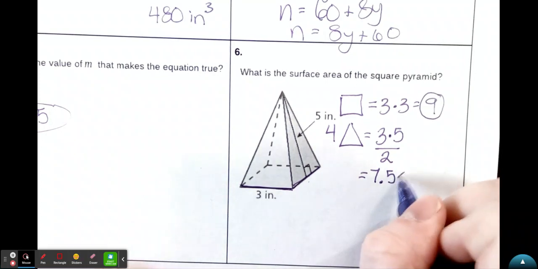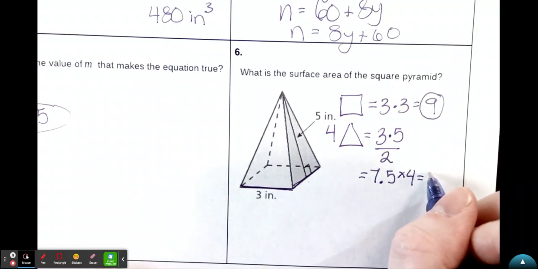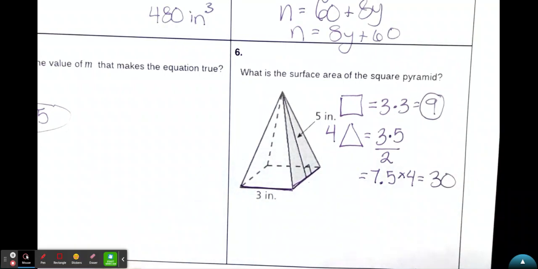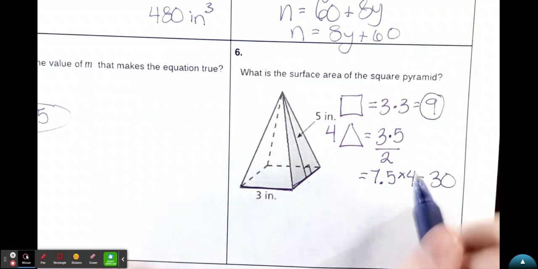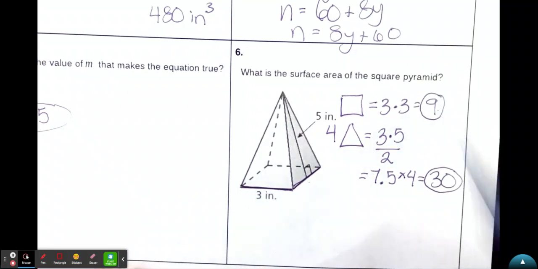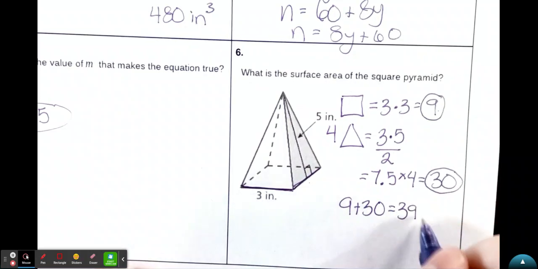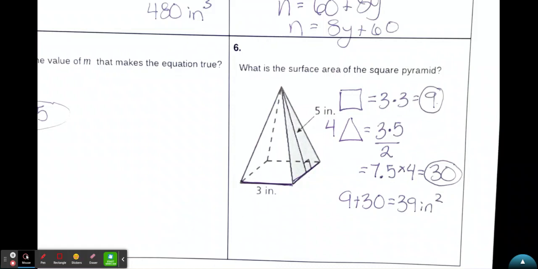So we're going to multiply this by 4. And what do we get? 30. Okay, so the 4 triangles equals 30. Circle that. What's my final step? Add the square to the 4 triangles. What's 9 plus 30? 39 what? Inches squared, because we're doing area, which is 2-dimensional.